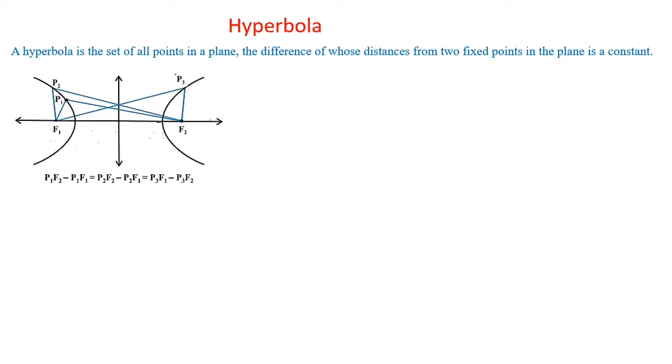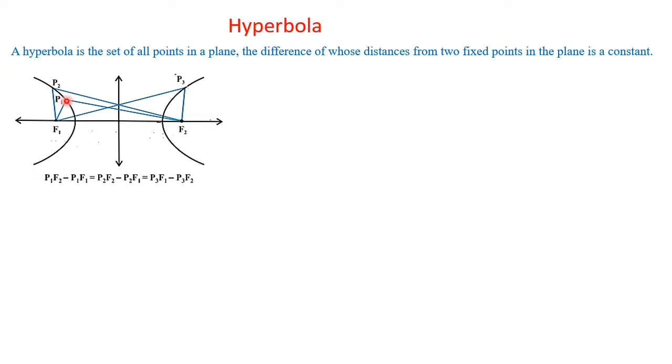Here, there are two fixed points, f1 and f2, and if you take a point p1, this is the longer distance, p1 f2. p1 f2 minus p1 f1 means the distance of this point p1 from the two fixed points f1 and f2, and you have to take the difference of these two distances, then it will be a constant and it will be the same for all those points.